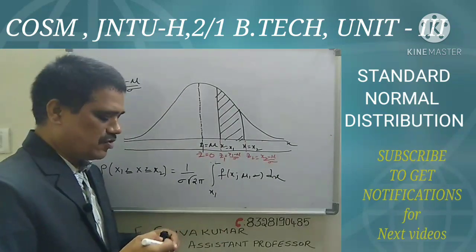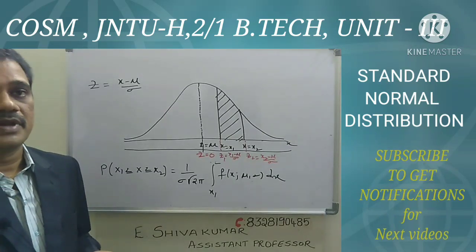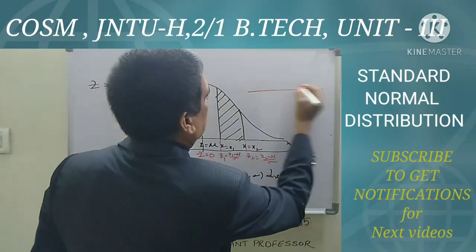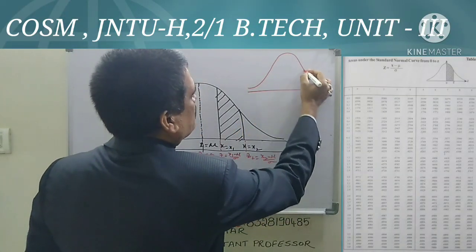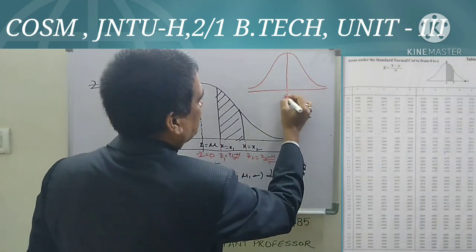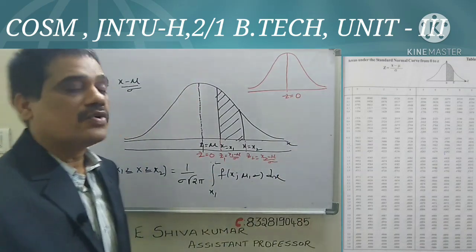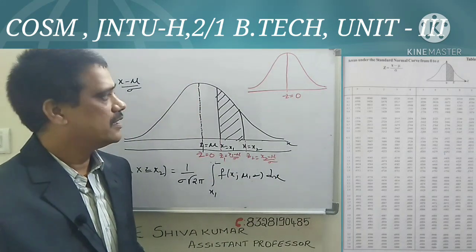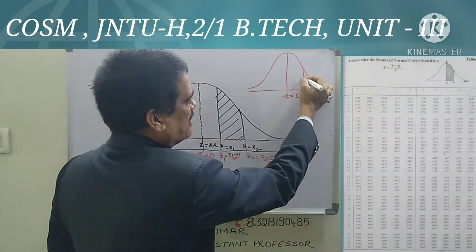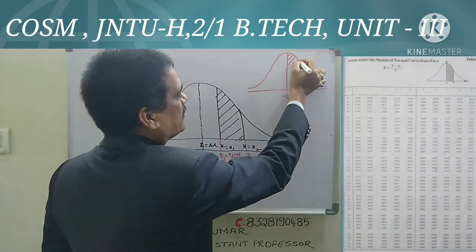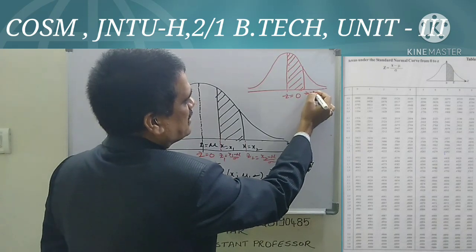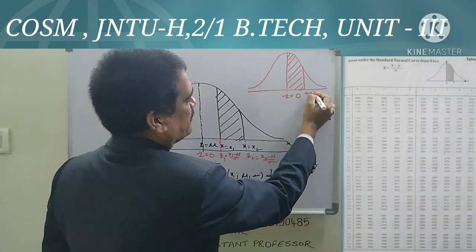Always observe when you are seeing the table that it is given for the areas to the right side of the z equals 0 line. I am explaining how to see the table. The areas in the table are given for this region, that means z equals 0 to z equals z1.